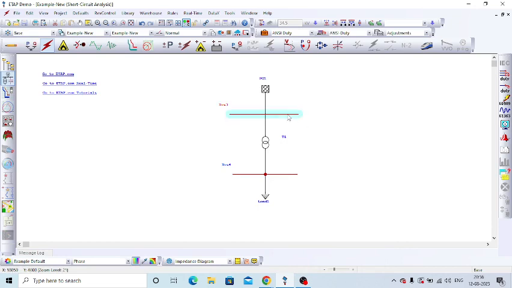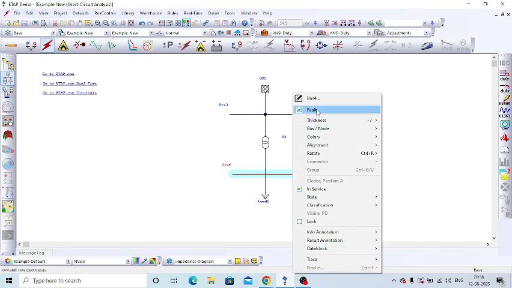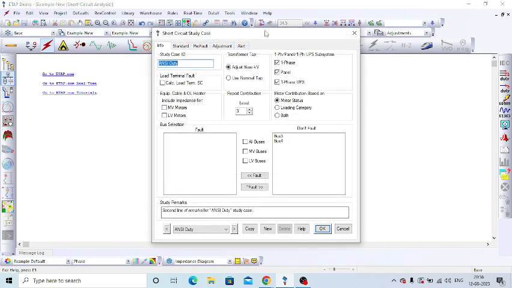One way we can select it is like this. Or one more option is there in the edit study case. In the info page, here the left side is the bus selection, faulted bus. These are the buses we are going to calculate the fault current for. On the right hand side, don't fault. Presently we have two buses, bus 3 and 4.